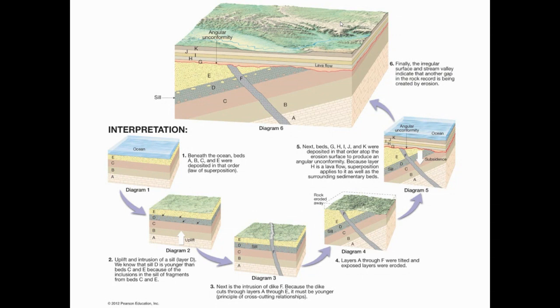I'm not going to go through a step-by-step look at how this specific setting formed, but I do encourage you to come back and look at it after class, before the midterm, because there probably will be a question related to this. On top of that, what you're seeing here is also critically important when we talk about the structure of sedimentary rocks. It tells the story of how this place formed, essentially.